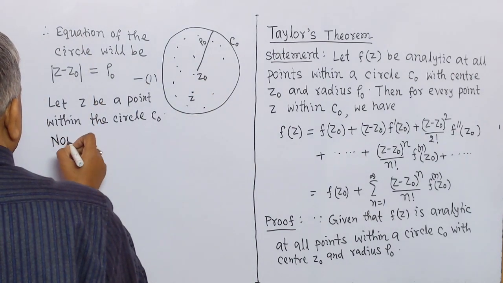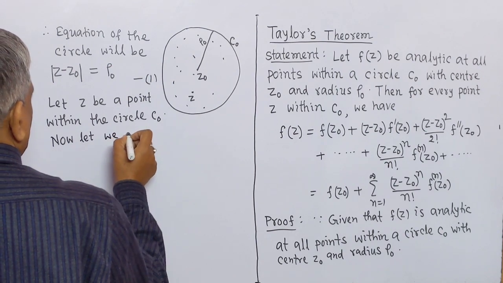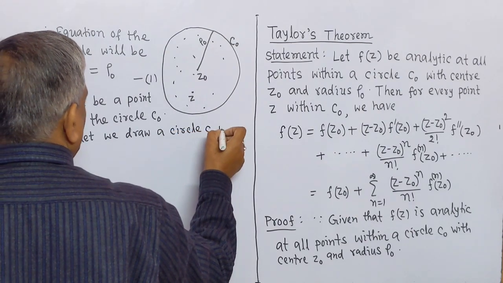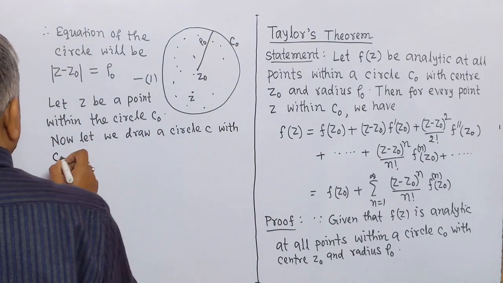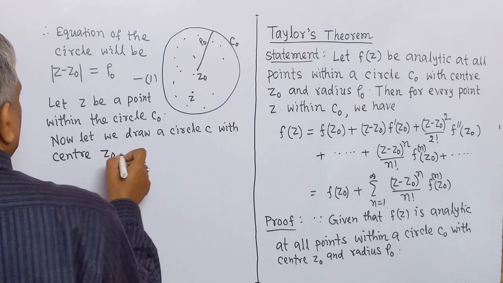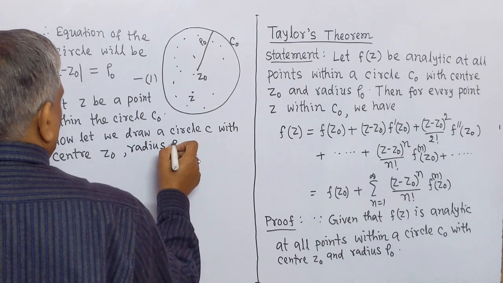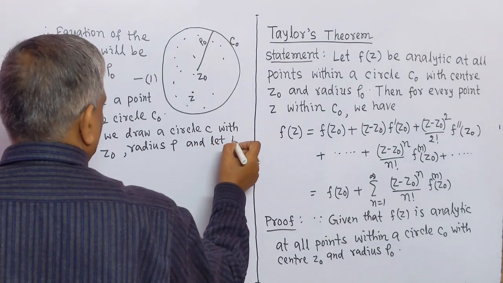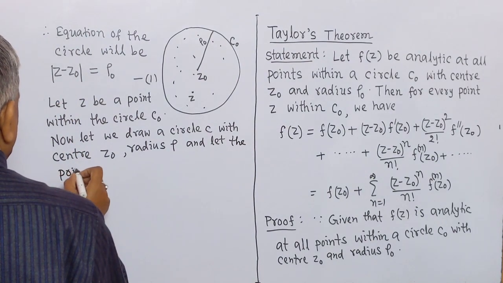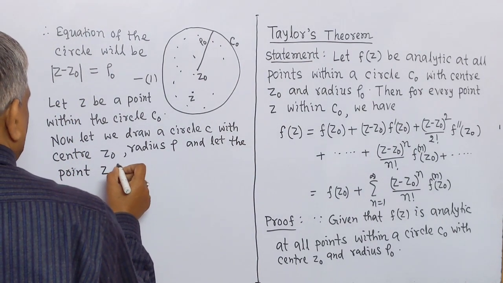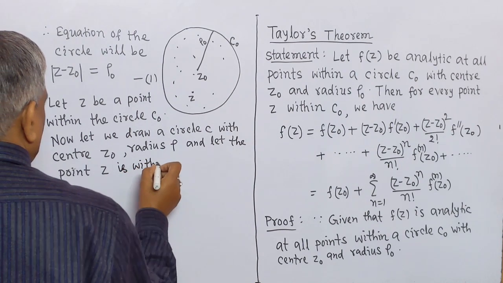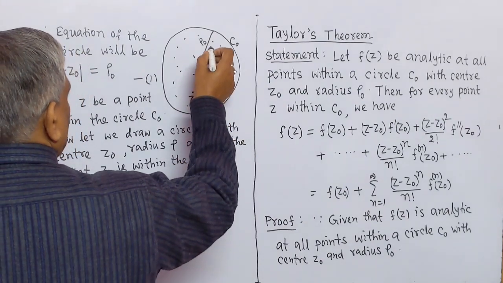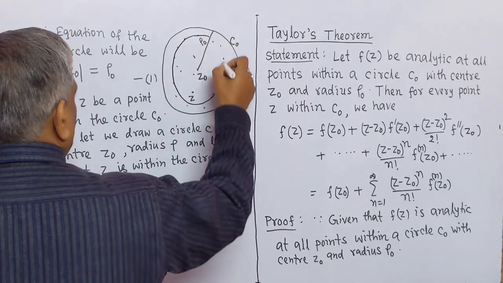Now let us draw a circle C with center z0, radius ρ, and let the point z be within the circle C. Let us draw a circle C.